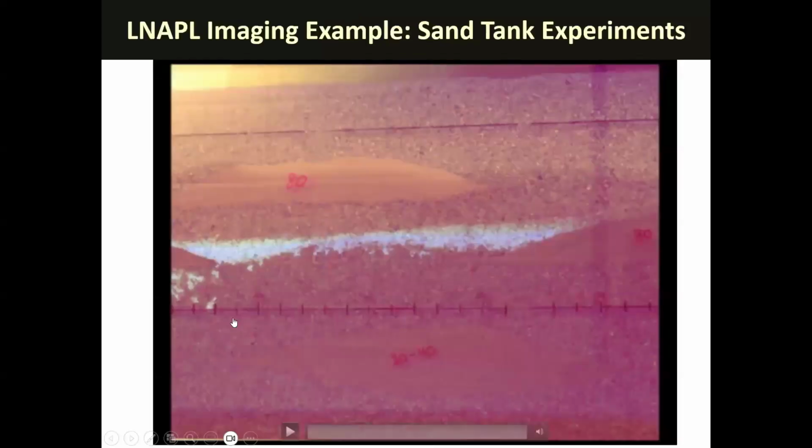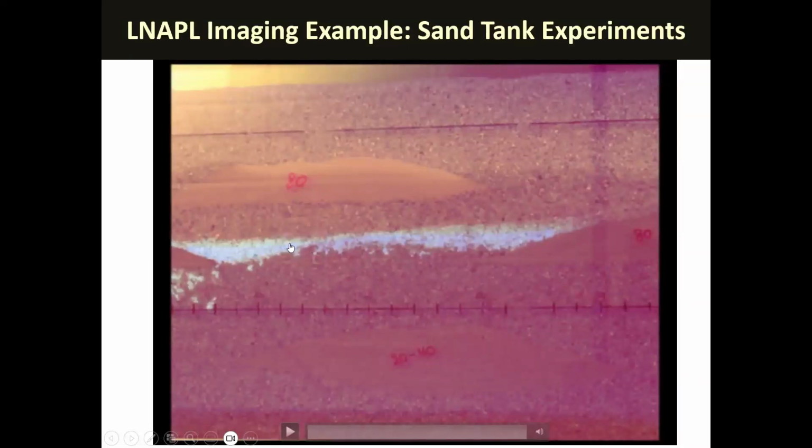So here's another experiment. This is another fish tank experiment. The bulk of the soil was this relatively large size sand, and then I had these lenses of a smaller grain size sand, size 80, 20 to 40, 80 right here. And what you will see is the effect, and this is a contaminant right here.